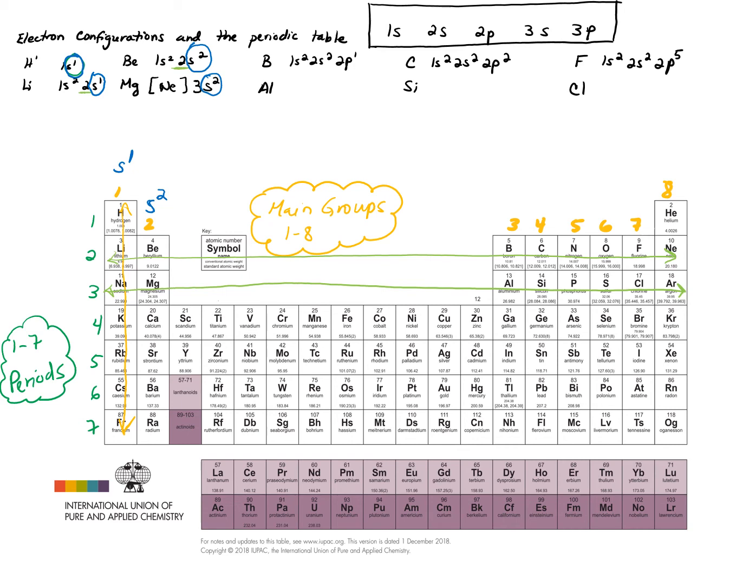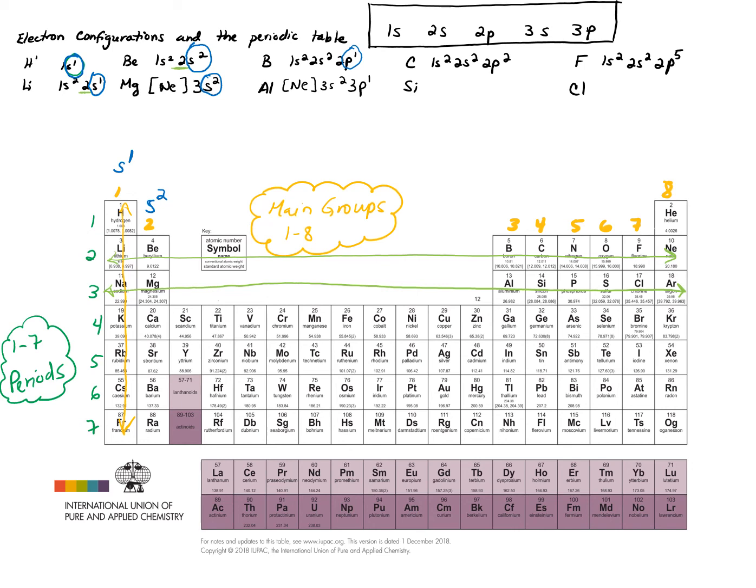So let's check the other side of the periodic table. We start with boron, and boron ends in p1. We did the electron configuration for aluminum, neon, 3s2, 3p1, 13 electrons.